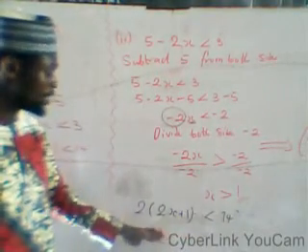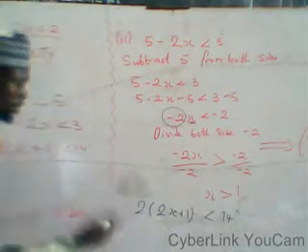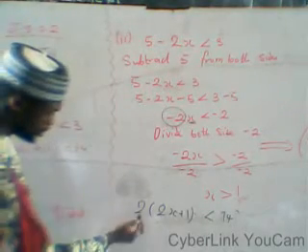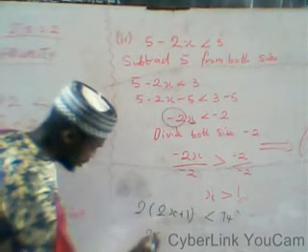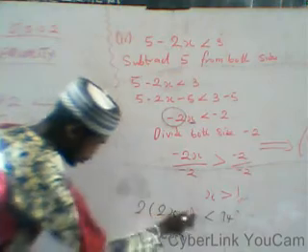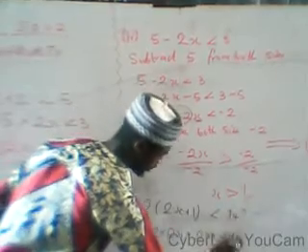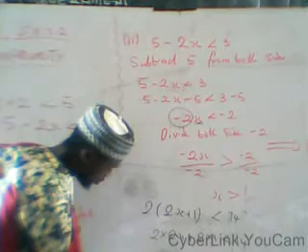If you don't remove this bracket first, it may make your work difficult. Remove the bracket, you're having what? 2 times this, 2x, plus this 2 also multiplied by this. By expansion, you have less than; nothing will multiply this because it has nothing beside it. You are left with what? 4x.